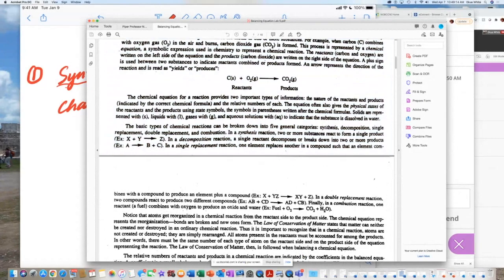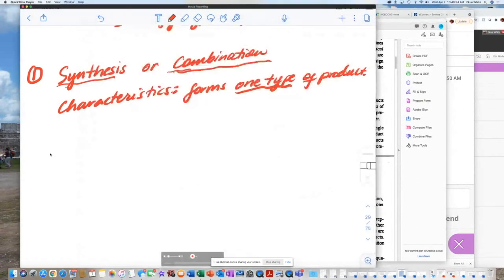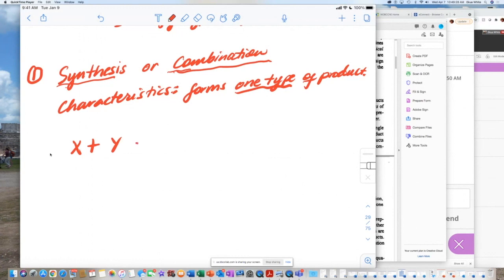But you see where the mouse is: synthesis, decomposition, single replacement, double replacement, combustion. And they give you the example here: X plus Y to give you Z. So here you can say you have X plus Y compounds and they combine to form Z. Now it can form many Z's, but only one type of product.